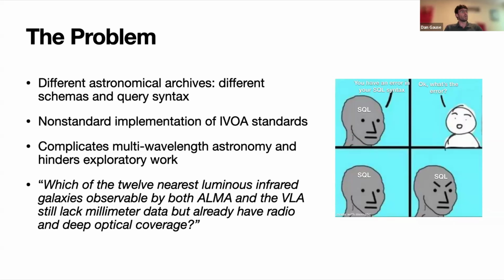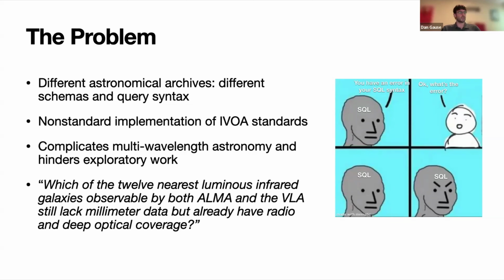And just as an example of how this problem manifests, say you had a question like: which of the 12 nearest luminous infrared galaxies observable by both ALMA and the VLA still lack millimeter data, but already have radio and deep optical coverage?